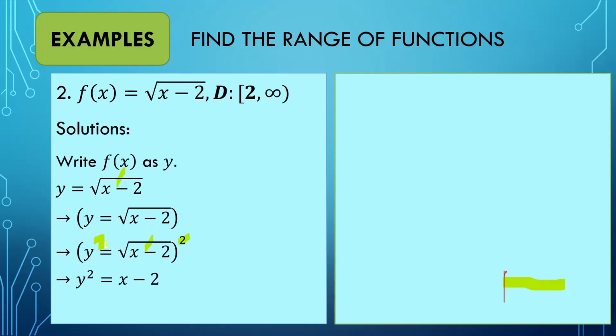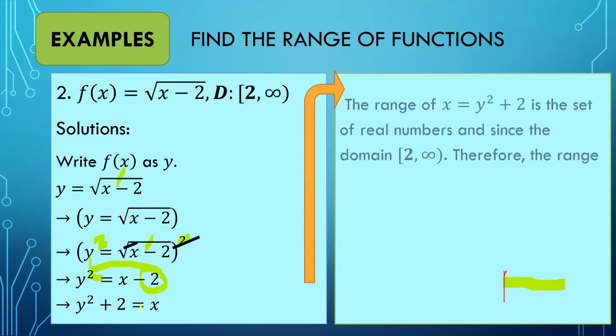So this will be y squared is equal to x minus 2, since the square root sign and the square are cancelled. Therefore, by transposition, from negative 2, we have y squared plus 2 is equal to x.